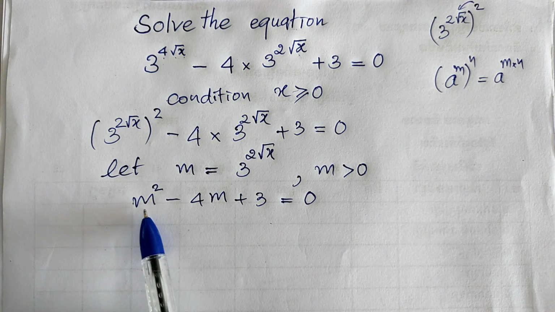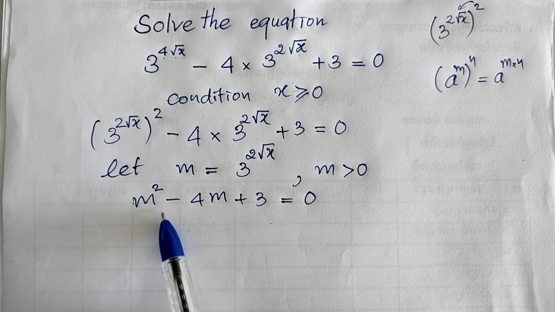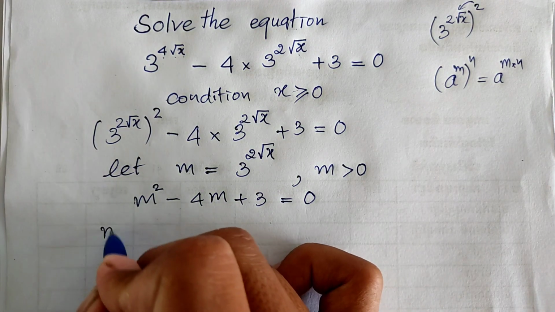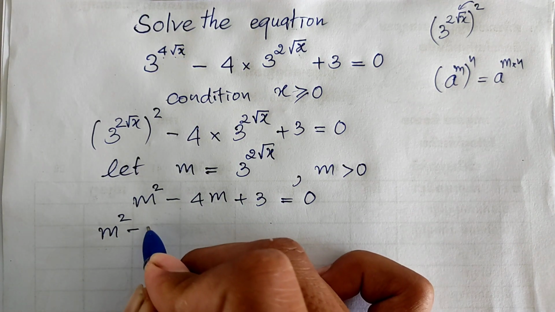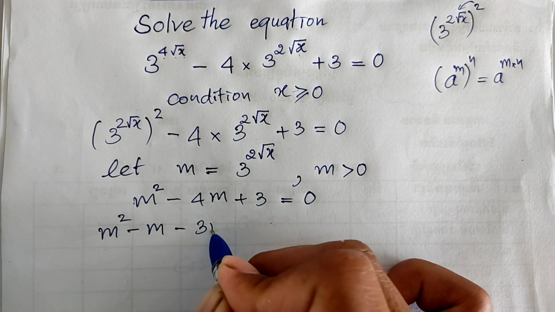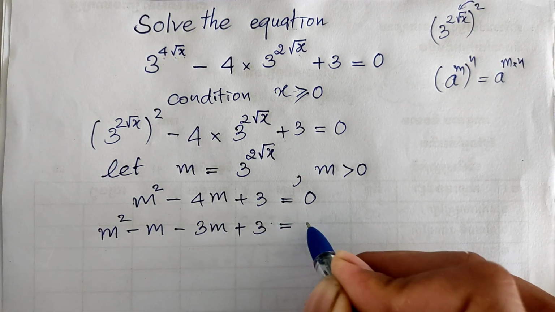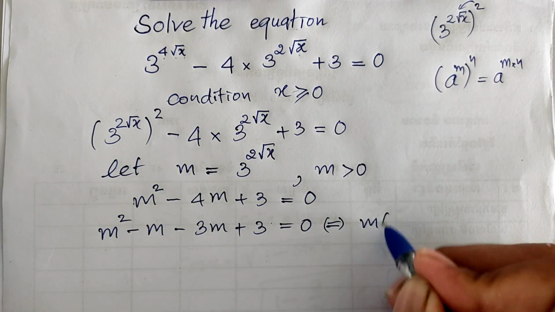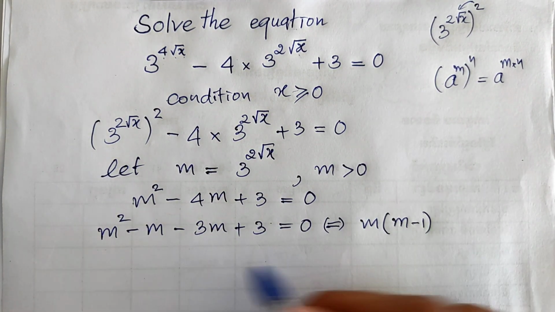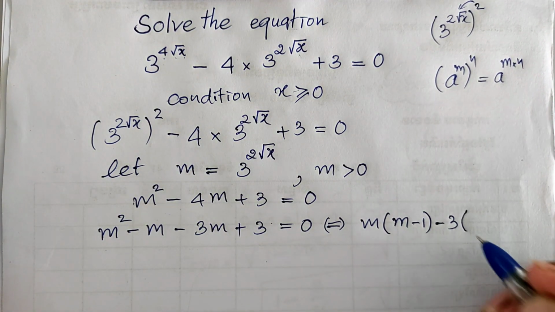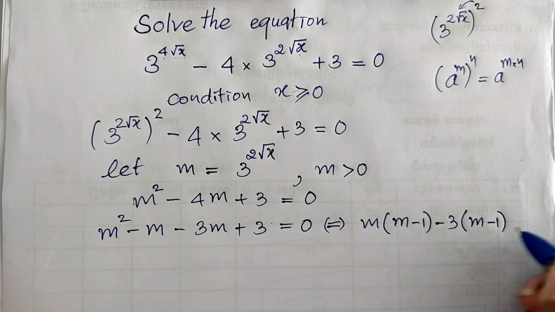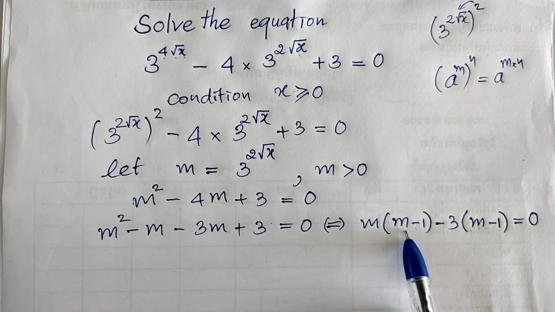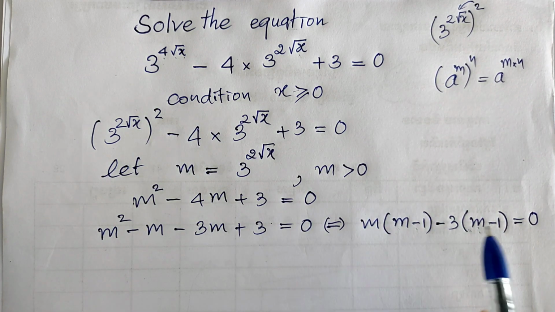This is a quadratic equation that I can write as m squared minus m minus 3m plus 3 equals 0. And this I can write as m multiply m minus 1, and I take minus 3 out, giving m minus 1. Now we see this m minus 1 is the same, so we take it out as a common factor.